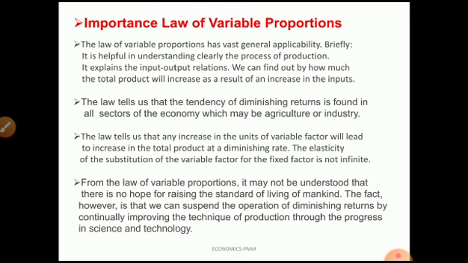So we should appreciate the producer who is putting a lot of efforts and taking huge risk to produce the production with the coordination of all the factors of production.